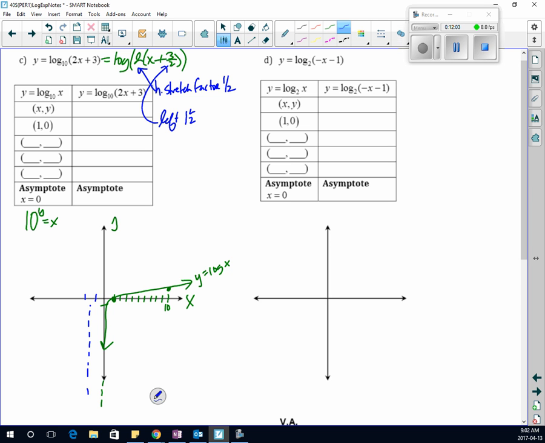Okay, so 10. The x value is 10. Now it's going to become 5. Oh, 1, 2, 3, 4, 5. So right there. 10 gets shrunk, right? Stretched by a half. So it's at 5, and then it's going to go left 1.5.